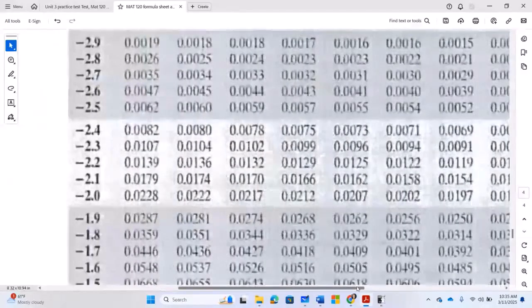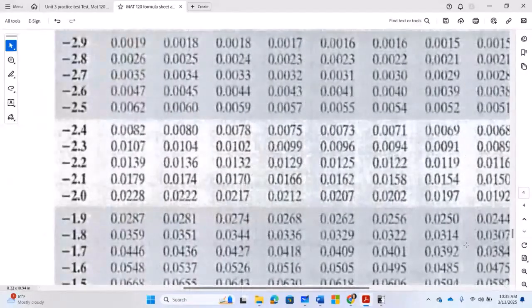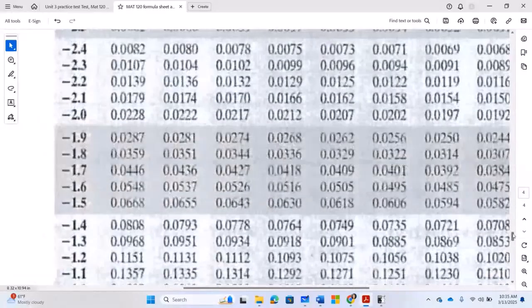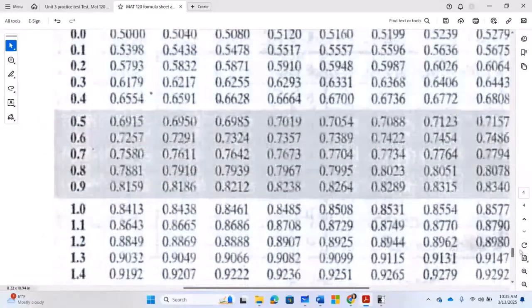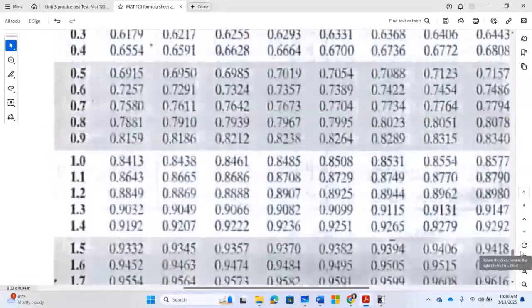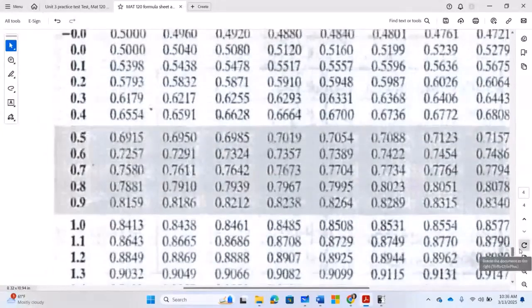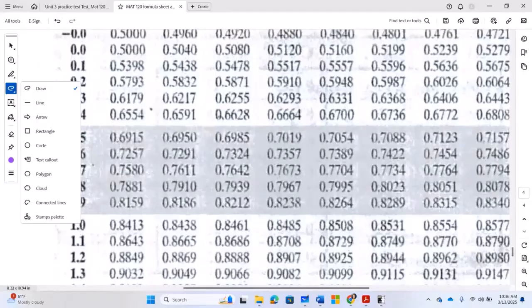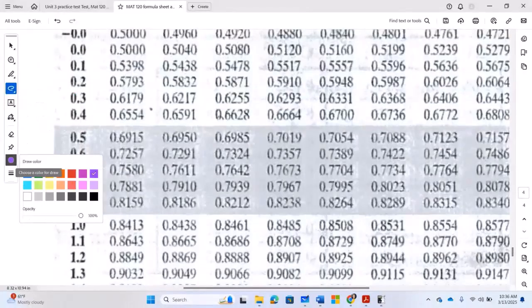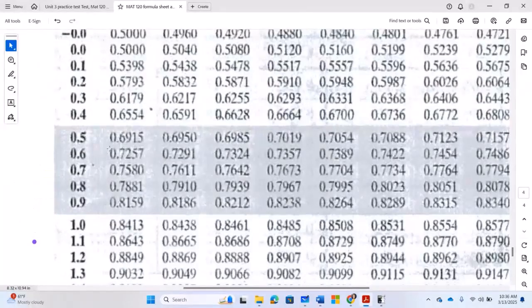I just found that from the calculator. I want to find it from the chart also. Remember that 0.71 is positive, so you cannot be looking at the negative side. Okay, here is 0.7 right here. All right, I see 0.7.